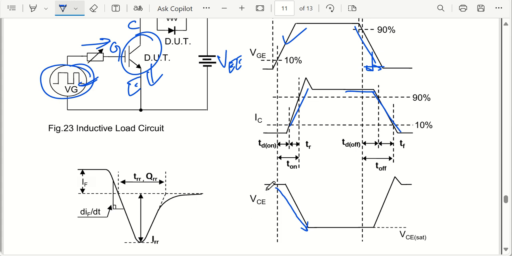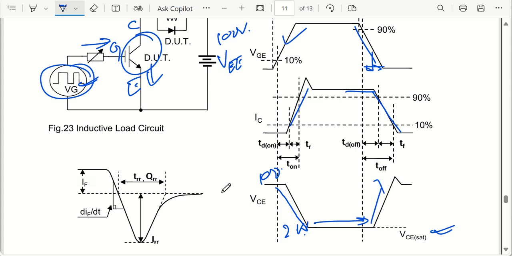So my voltage across collector to emitter, let us say you have applied 100 volt here, this 100 volt will become almost 2 volt or something, that is the voltage across collector to emitter at saturation level. And as my gate to emitter pulse goes low, this again starts turning off.